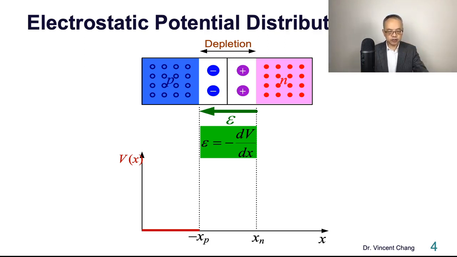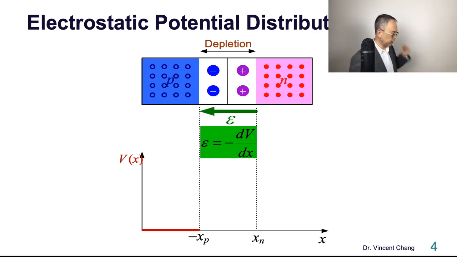What matters is the potential difference, the relative potential. Let me repeat that. The absolute potential doesn't mean anything, but what matters is the potential difference, right? Because we can accept any potential, let's just put the zero.